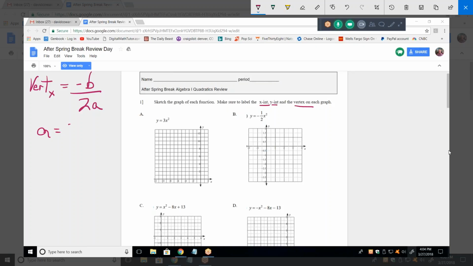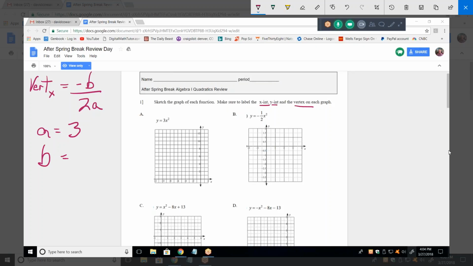So a is the coefficient of the x squared term. What's b? B is the exponent, I believe. No, B is the coefficient of the x term. So what is the coefficient of the x term? I don't know.